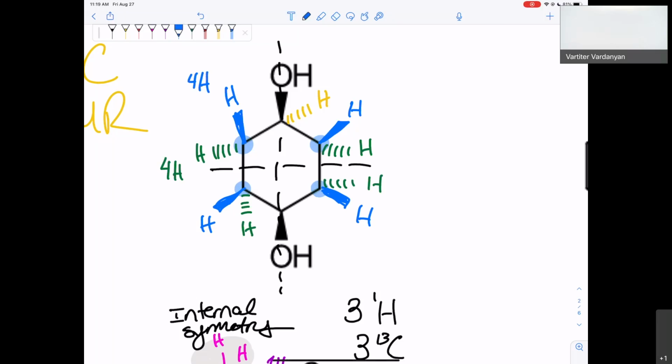Yes, it would, because we also have this yellow one. So how many hydrogen signals do we have? 4! Everyone forgets the OH. Don't forget this little guy. So how many do we have total? Oh, I already said that. Oops. So we have 4 H signals.